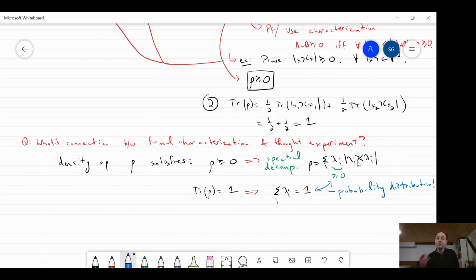What's the difference between this and a classical distribution? The only thing that's different is that this eigenbasis is not necessarily the standard basis. You're allowed to rotate your system to be in some funny other basis. That's what makes it quantum, essentially. And that rotation itself is what allows you to introduce things like entanglement between the subsystems.